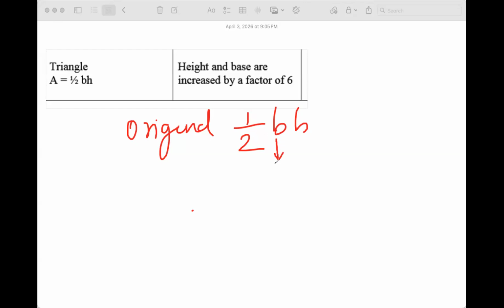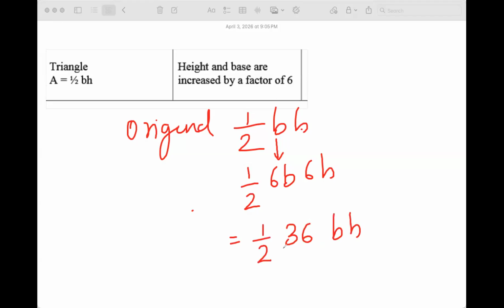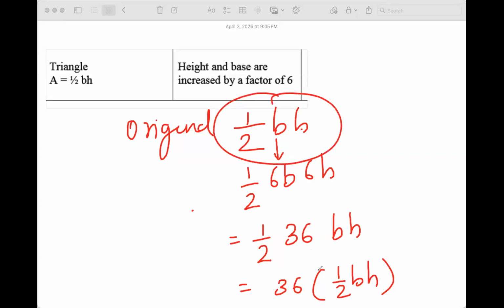Base is increased by a factor of 6. Height is increased by a factor of 6. So, what happens? Half 36 BH. I'm going 36 times half BH. So, this is the original area. So, 36 times the original. Make sense?